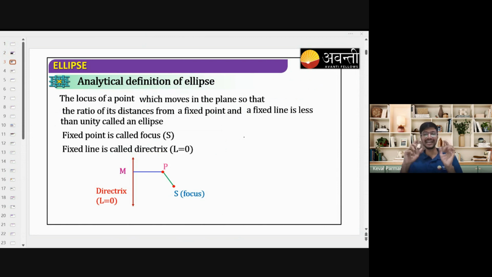But before that, I hope you know how we define a conic.